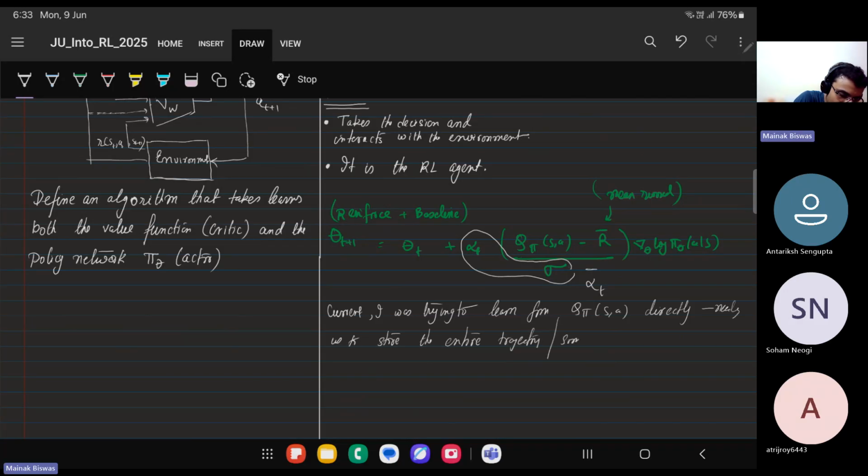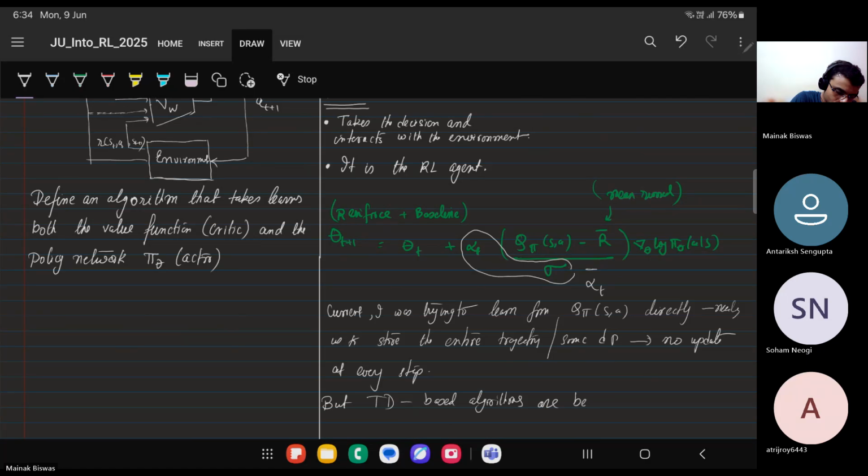Or some dynamic programming. So no update at every step is the problem. But TD-based algorithms are beneficial because we can update at every step.